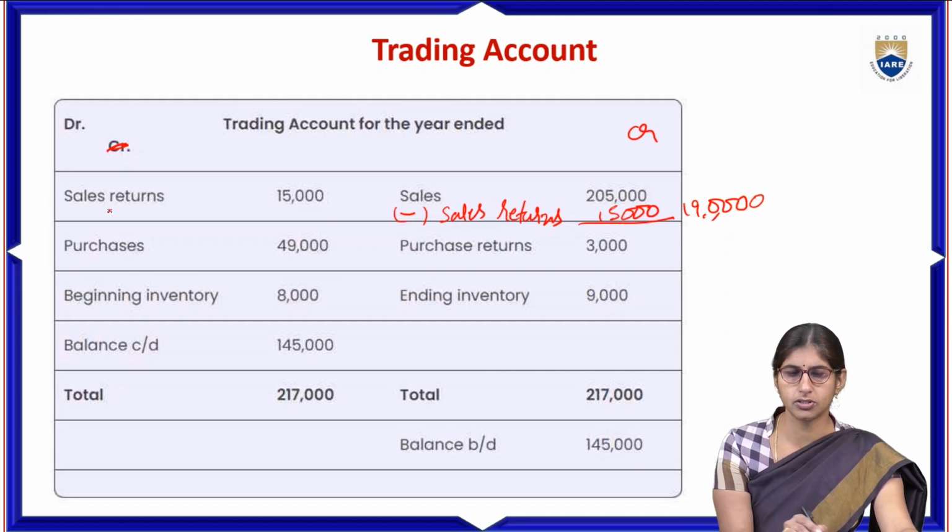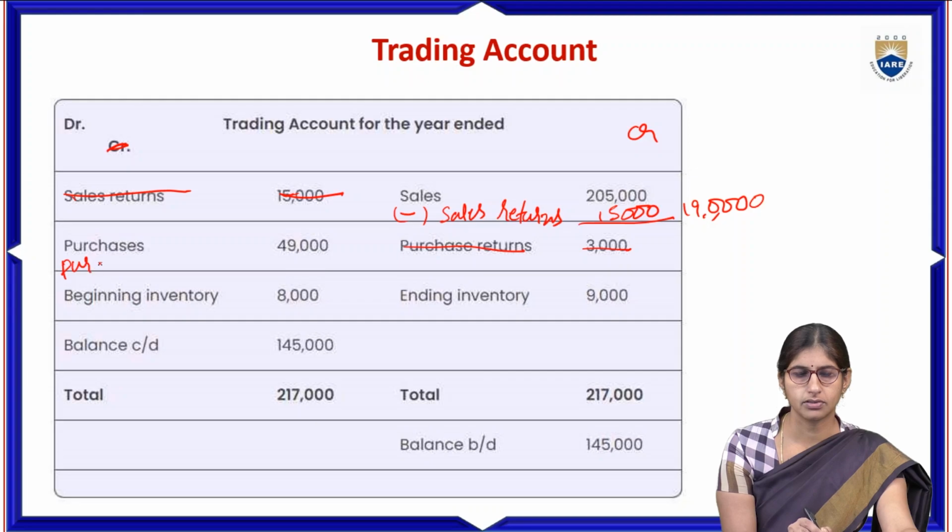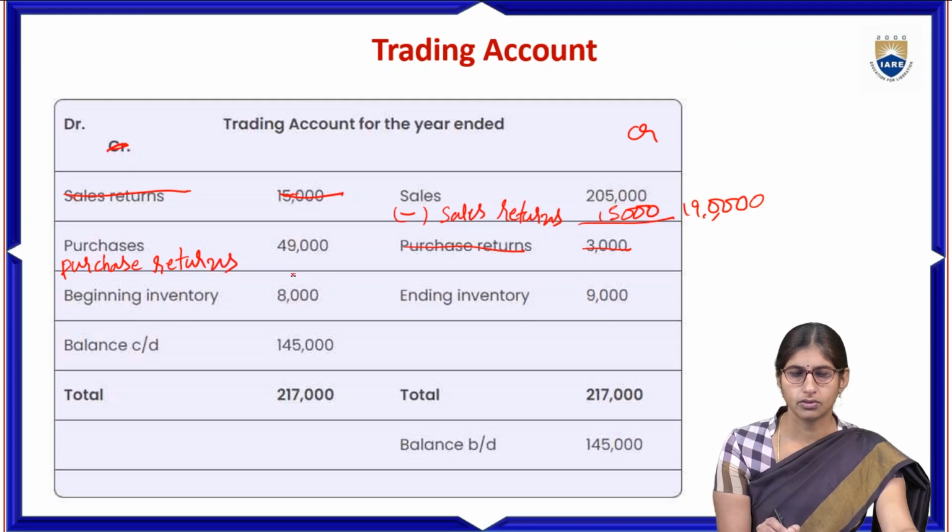Now for purchases, instead of writing it elsewhere, it will be very clear if we write it here. So purchase returns 3,000. So the final net purchases are 46,000.